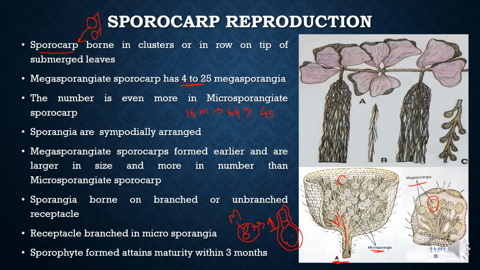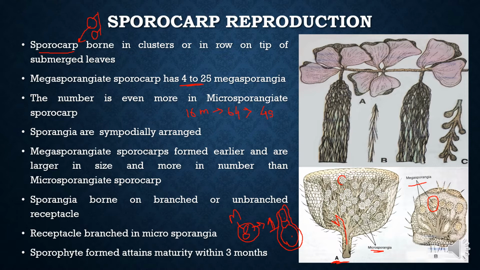When the sporocarp gets separated from the floating submerged leaves, the sporocarp sinks to the bottom of the water.